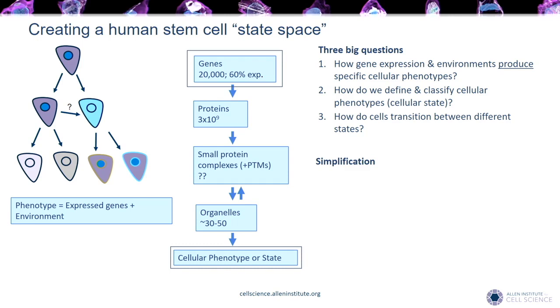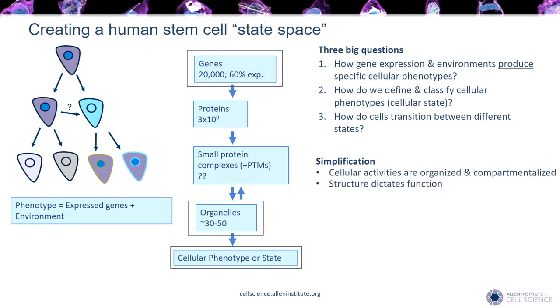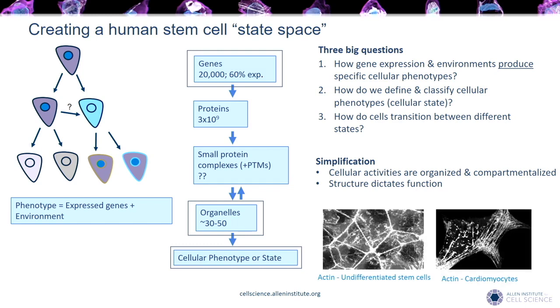But we can simplify this a little bit and use two main assumptions. The first one we're using is that cellular activities are organized and compartmentalized. So this allows us to focus a little bit more on the organelle and structures organization within the cell. And the second assumption would be that structure dictates function. And to illustrate this, I have a really good example here.